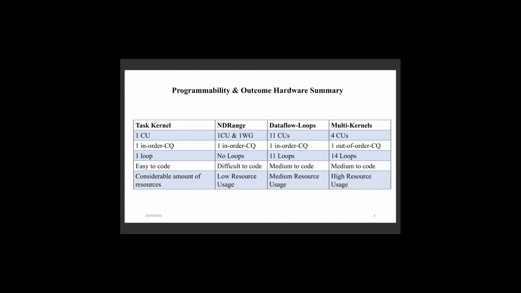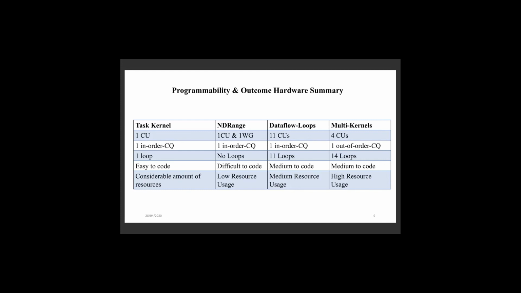And in the kernel side coding, 11 loops and 14 loops in multi-kernels and dataflow loops targeting functional parallelism were required, while no loops were used in the NDRange kernel.